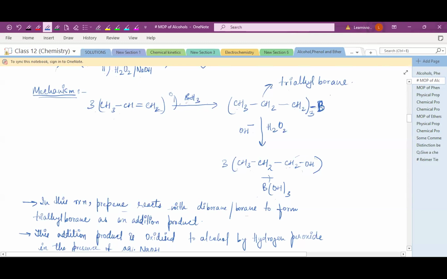So this alkene, propene, reacts with diborane or borane in the presence of your THF, tetrahydrofuran. It gets converted into a trialkyl borane because you were using 3 moles of this propene. So 3 moles आप use करते हो in the presence of BH3, diborane के साथ react कराते हो आप, so you will get a trialkyl borane. So the first step is clear, Ali?